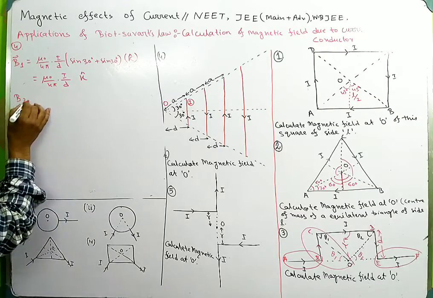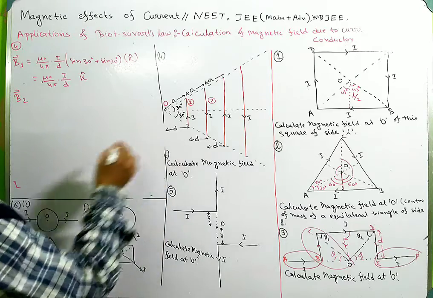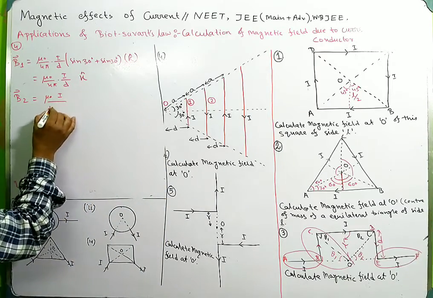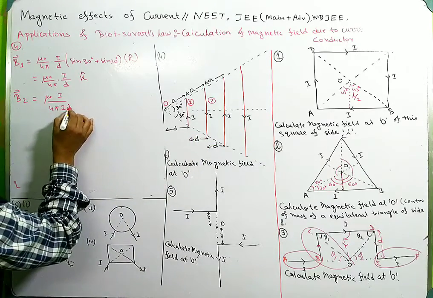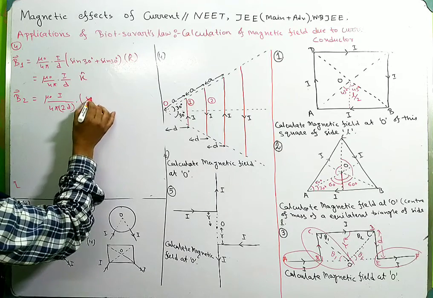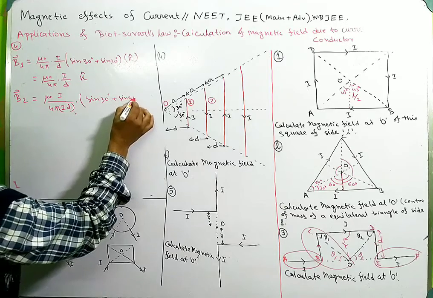Now the magnetic field due to wire 2: it will be mu 0 I by 4 pi, this will be 2d, into sine 30 plus sine 30.